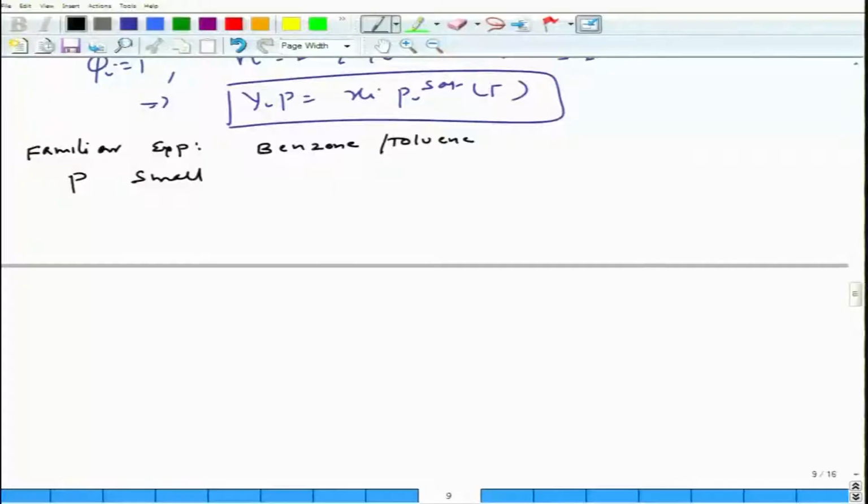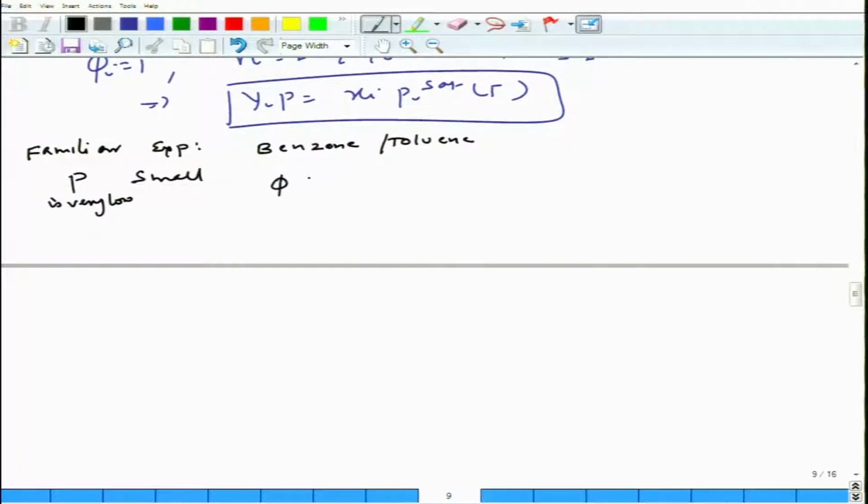So, assuming these pressures are small, and we know what kind of approximation we can make for low pressures, the vapor phase can behave like an ideal gas.